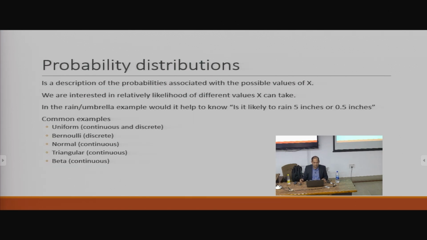Okay. So I'll just give a brief overview, so I won't waste too much time talking about this stuff. A probability distribution is a description of the probabilities associated with possible values of some random variable X. We're interested in the relative likelihood that different values X will take, okay?